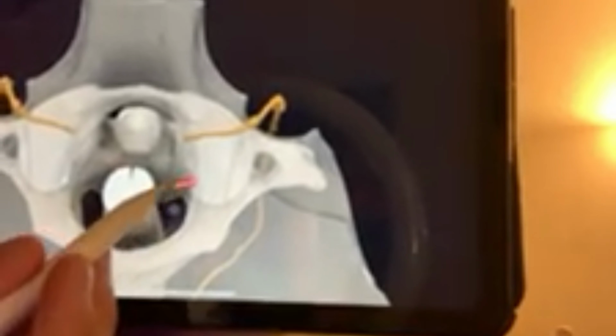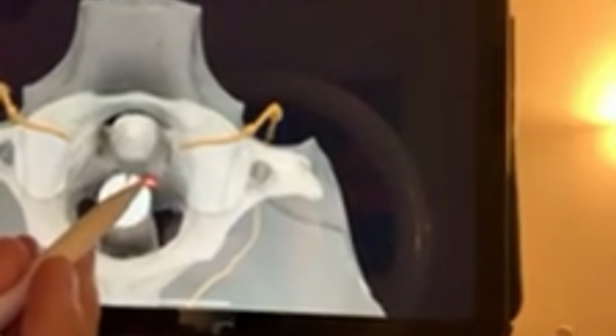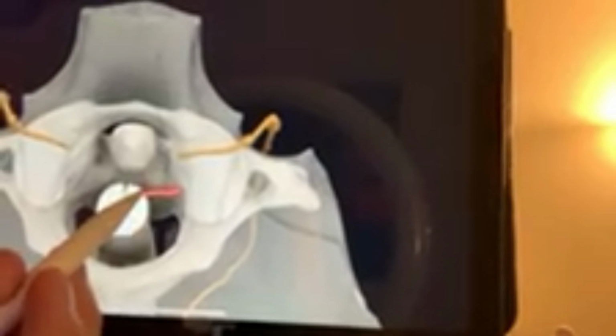Just like on the right side, if we had an RP and it hit this side, that would cause a Bell's palsy on the right side of the face because the cranial nerves run ipsilateral, right? So same side. So if we had an ASRP, that's going to come back posterior on this right side. It can hit that side of the spinal cord, the sympathetic part, and cause a right Bell's palsy. So the right side of the patient's face will be drooping.